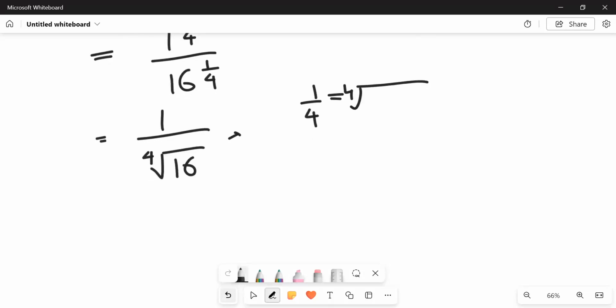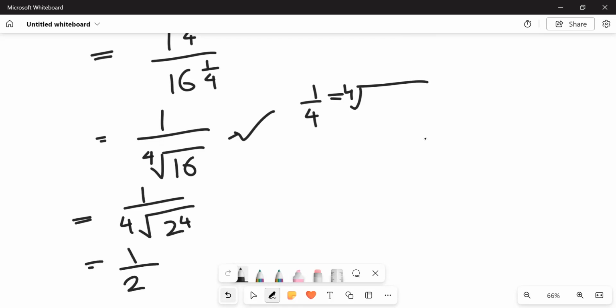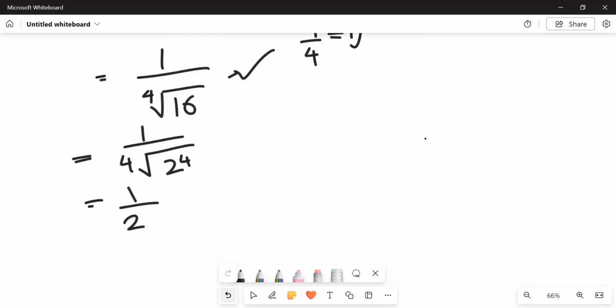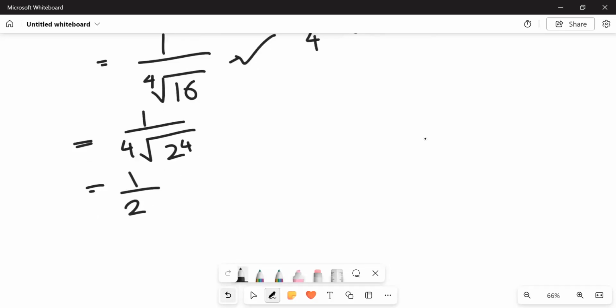So this is the radical form. Now we have to solve this. 16 will be 2 power 4, and this can be written as 2, because its radical power is 4. So the 4 and 4 we can cancel out and it will be 1 over 2.